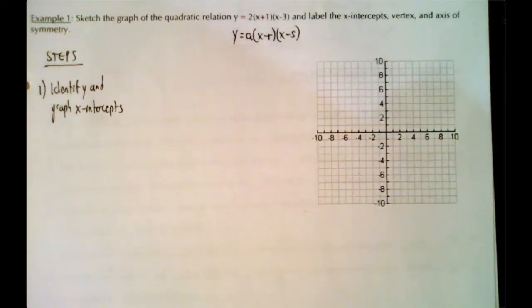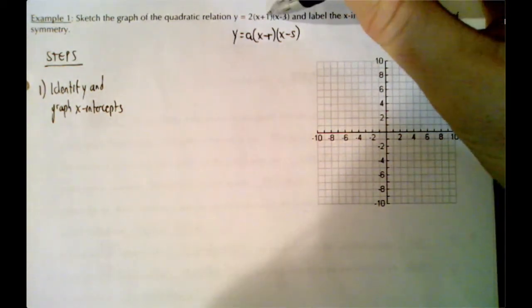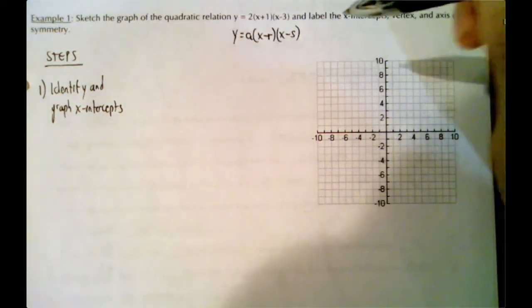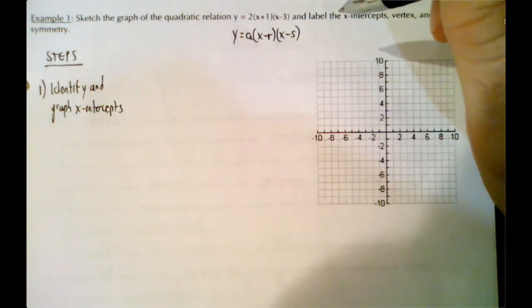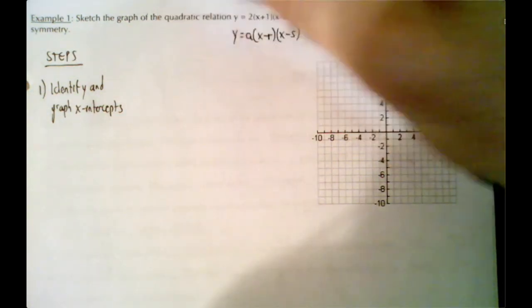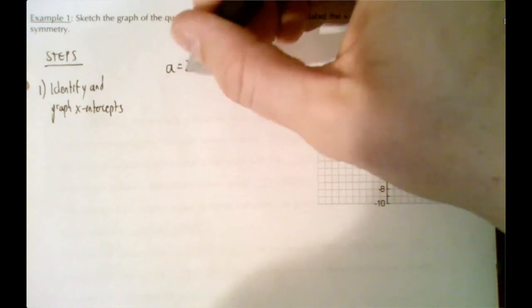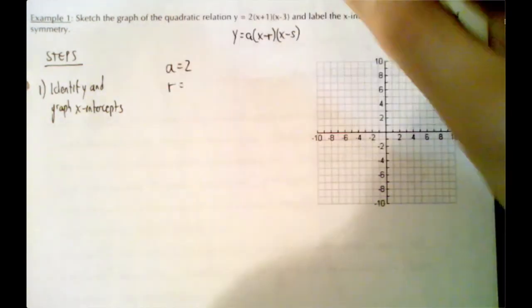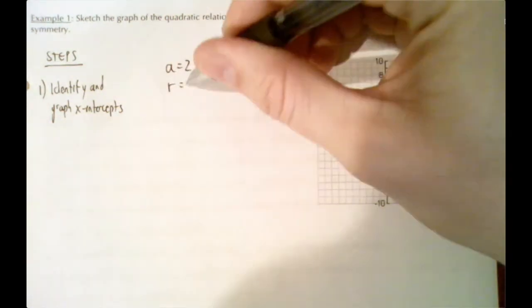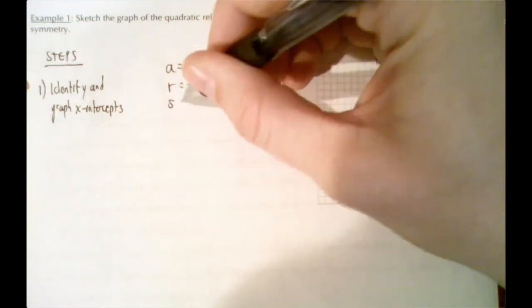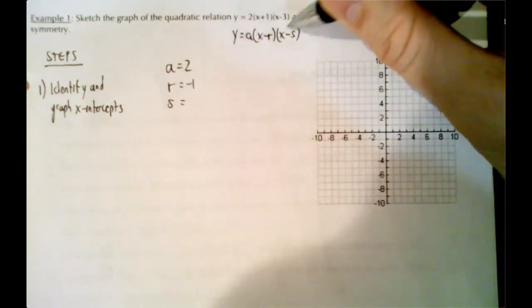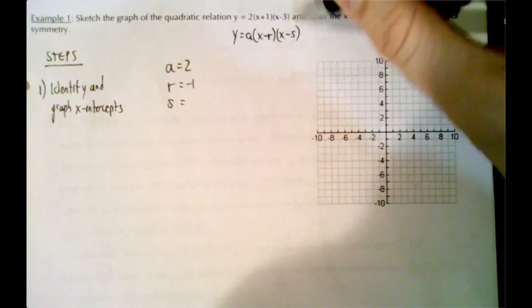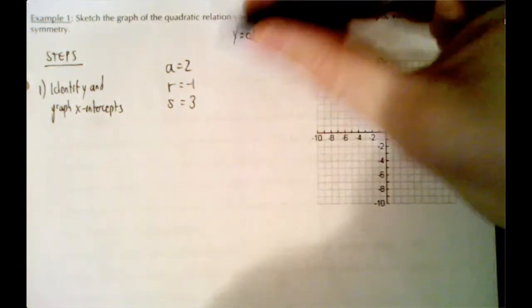Well, for all the ones we're going to do in this unit, the x-intercepts are just going to be the numbers from the bracket with the opposite sign. So if we take out what a is, 2. R would be the opposite sign, so -1, and s would be the opposite sign, so 3.